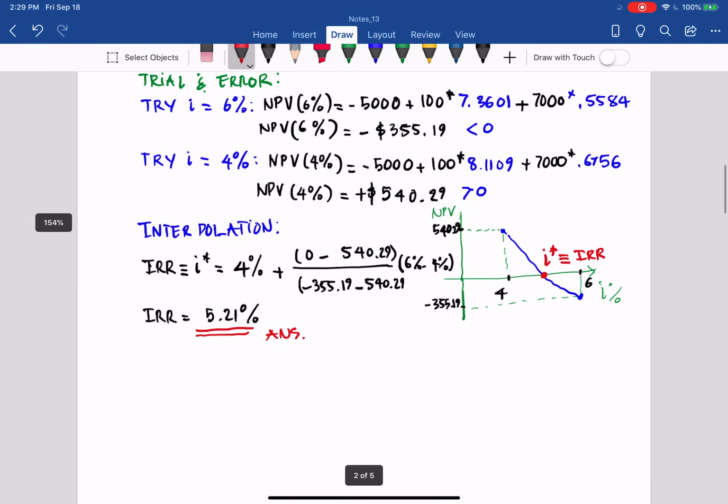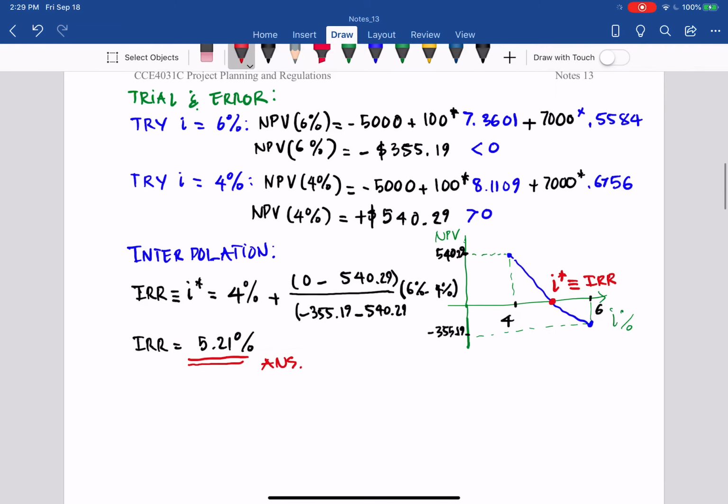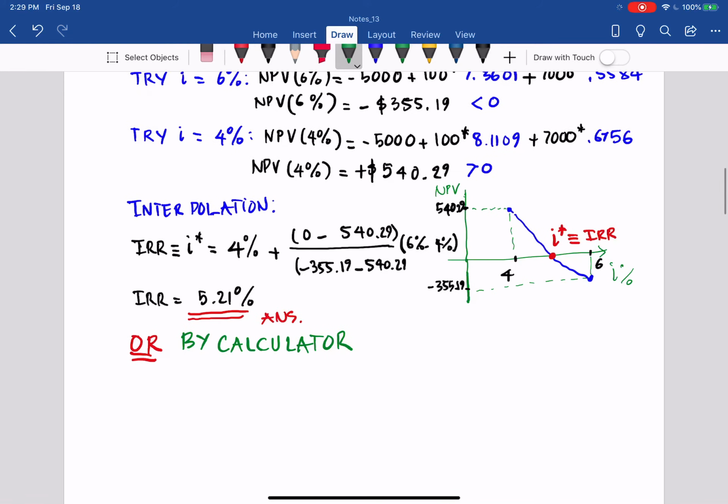And that first one is the trial and error. If we use the calculator, okay, and with that I make a note here.